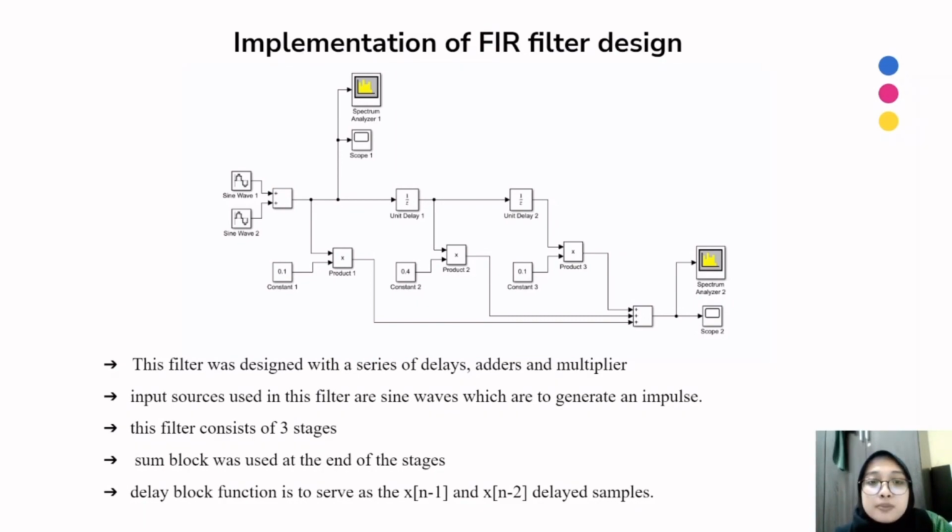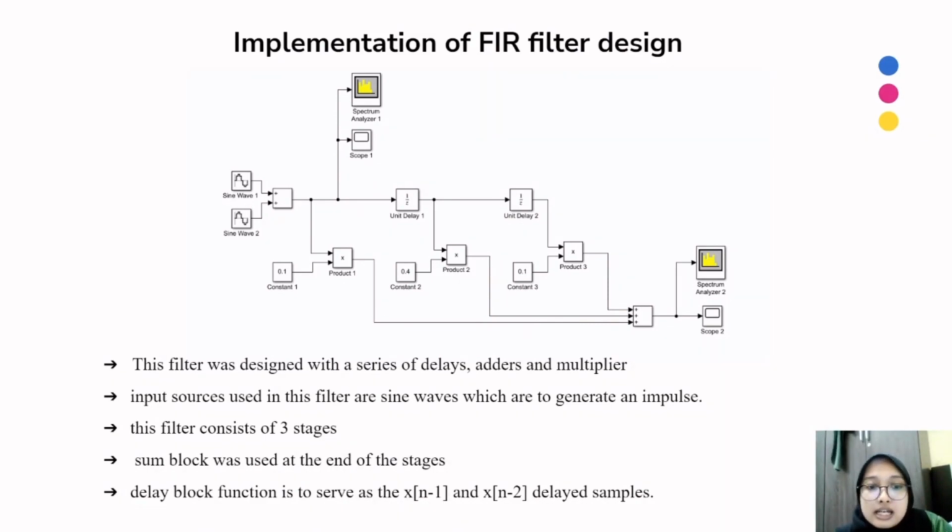For the input source, we can see that there are sine waves which generate an impulse. This filter consists of 3 stages. Since the filter order is N, the number of stages in this filter design will be N plus 1. To sum up all the outputs of the filter, we use a sum block at the end of the stage.